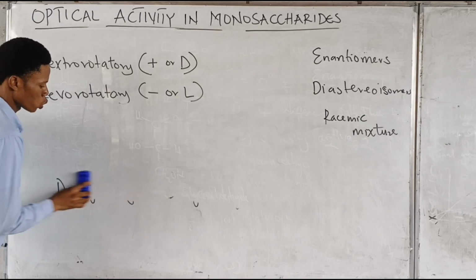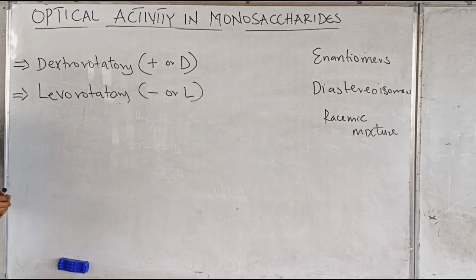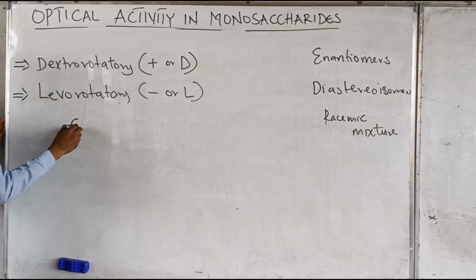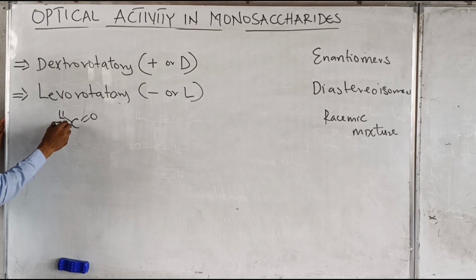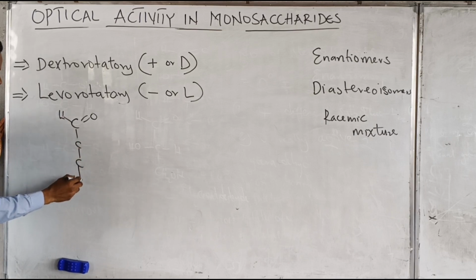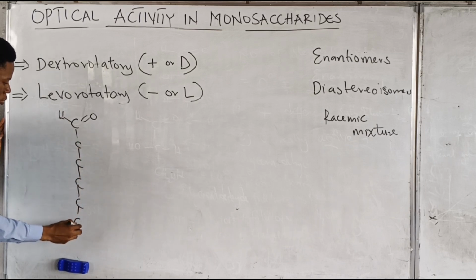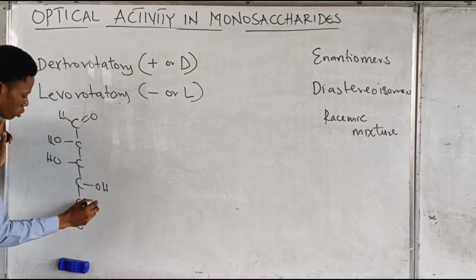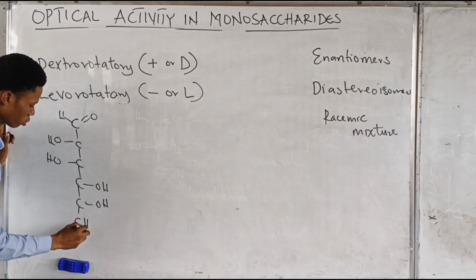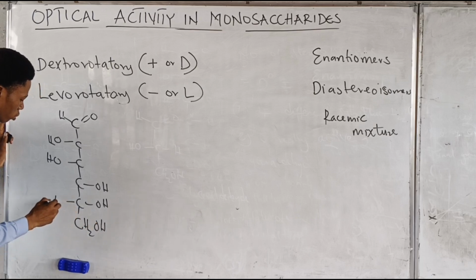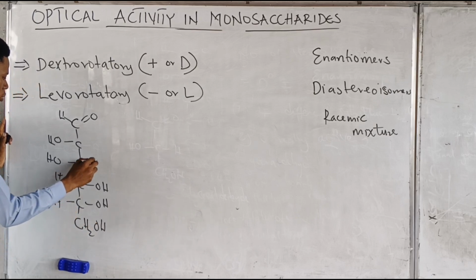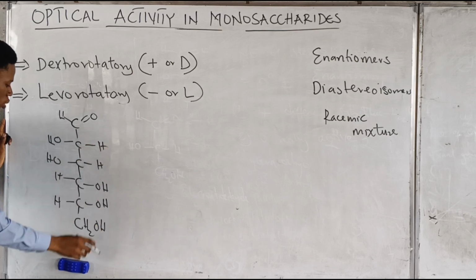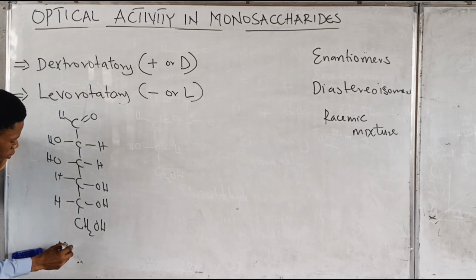Take for example, if you have a mixture of galactose and mannose, if you draw the structure of mannose, this is the structure of mannose.